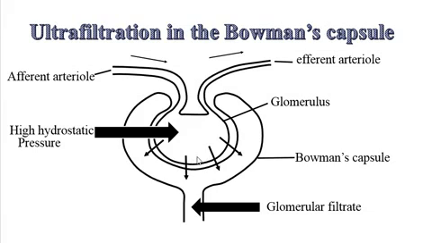Only small substances like glucose, water, urea, ions, amino acids, vitamins can pass through the walls of the Bowman's capsule. However, all large substances like cells, for example red blood cells, white blood cells, and proteins, do not pass through the Bowman's capsule.